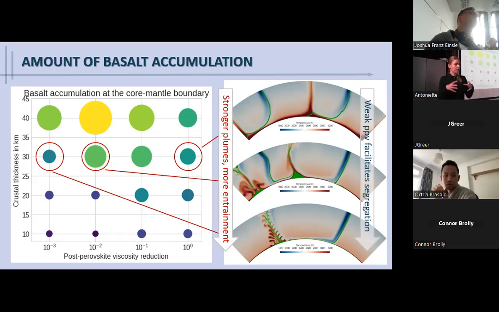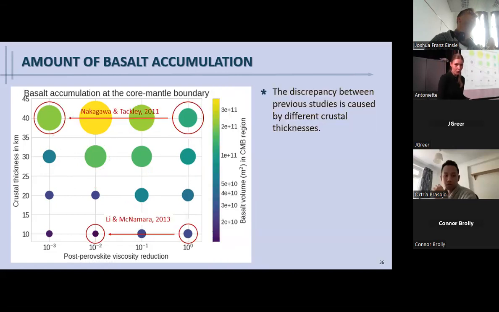And so to accumulate a lot of material, we need the segregation to be big, but the entrainment to be small. And where the change from one being dominant to the other being dominant occurs also depends on the crust thickness. And that's what caused the differences between the previous studies.